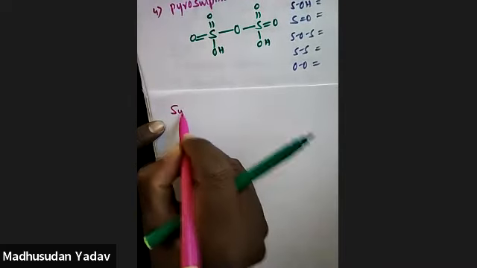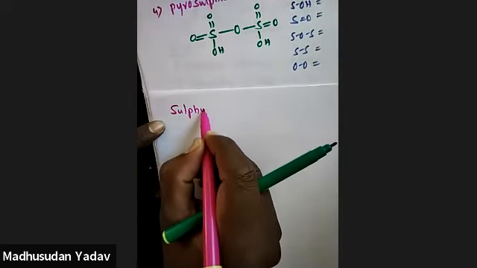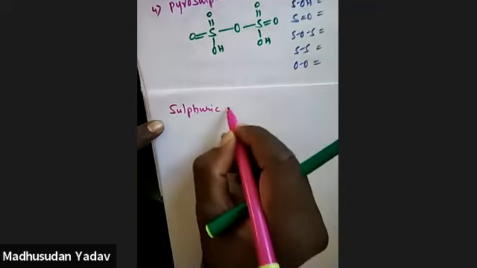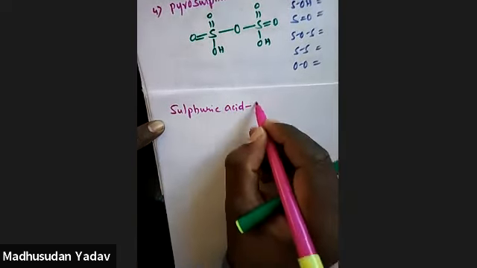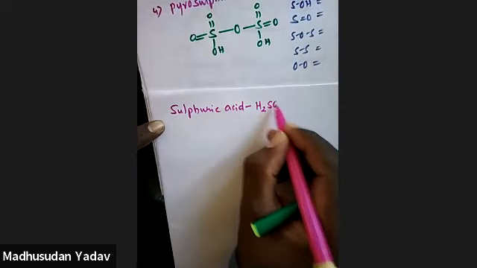Okay. Next, we have to choose one sulfur oxo acid and write its properties. You know the king of chemicals. What is the king of chemicals? Sulfuric acid is called the king of chemicals.